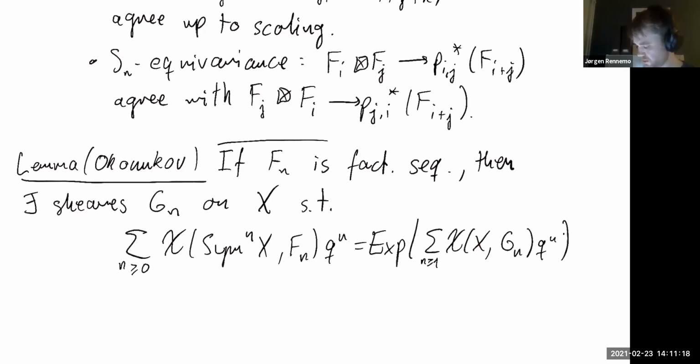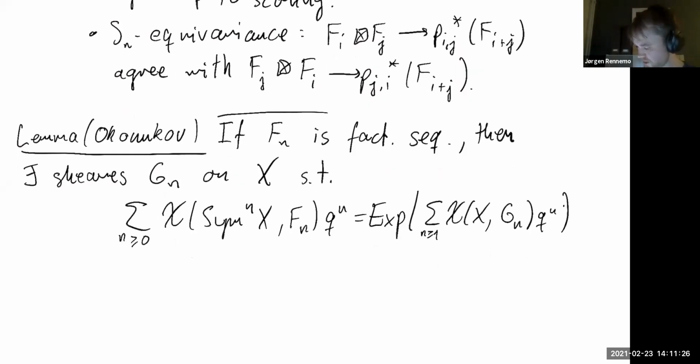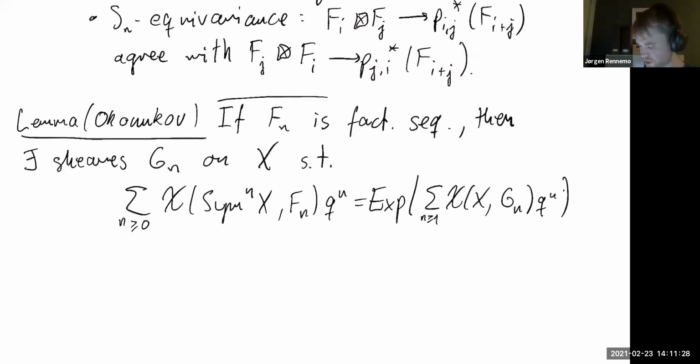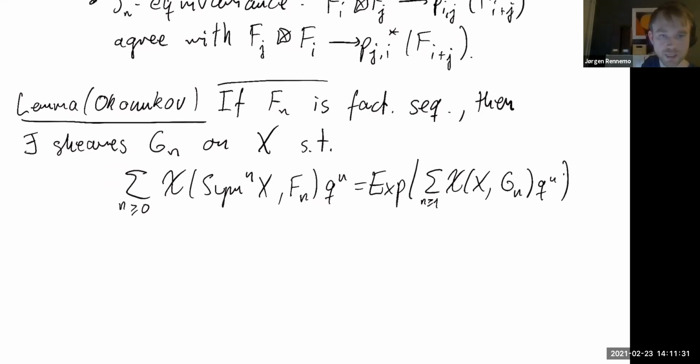And so the fact that the formula we're trying to prove has a plethystic exponential in it is a good indication that this has a chance of being factorizable. And so in some sense, the most technical part of what we do is verifying this.